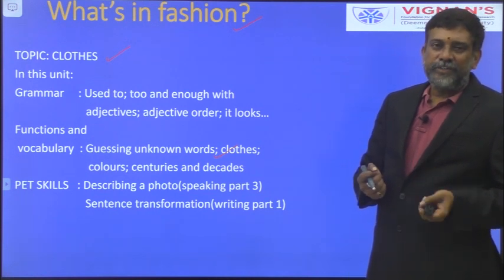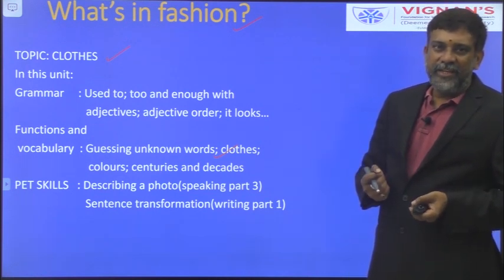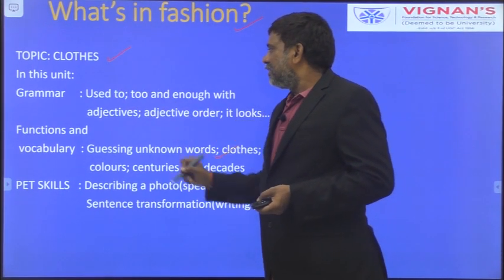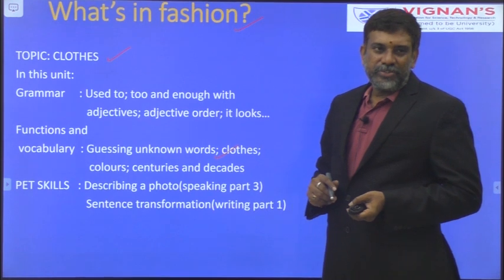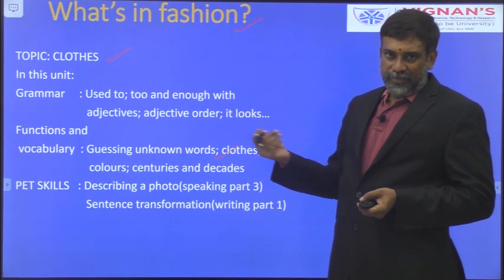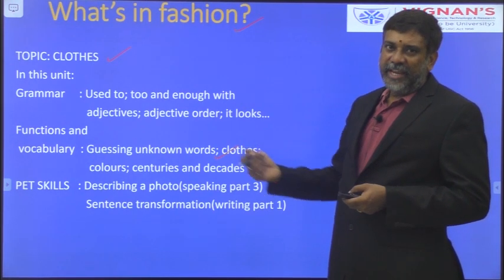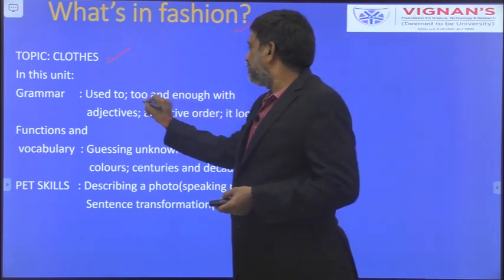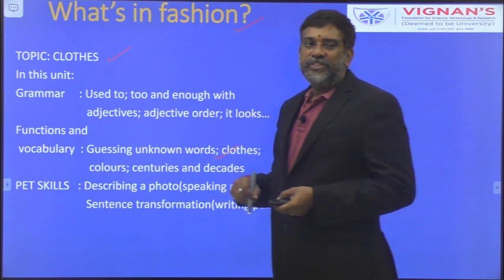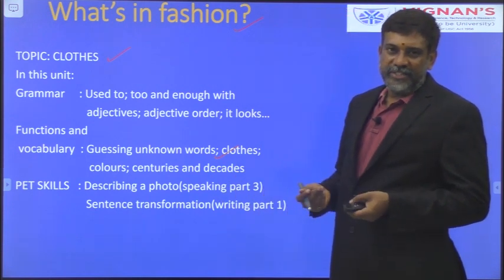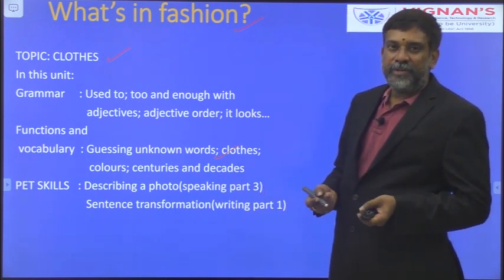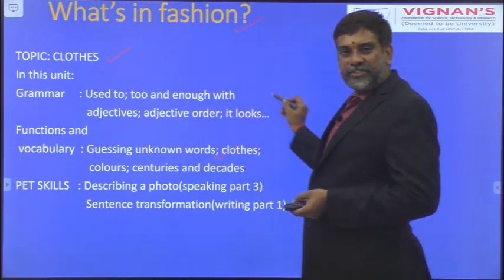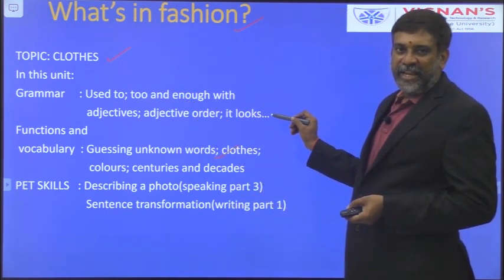After that we learned that used to is used to indicate a habit in the past, and after that, too and enough, these two are used with the adjectives. Which one is used before the adjective? Too is used before the adjective and enough is used after the adjective with the negation.